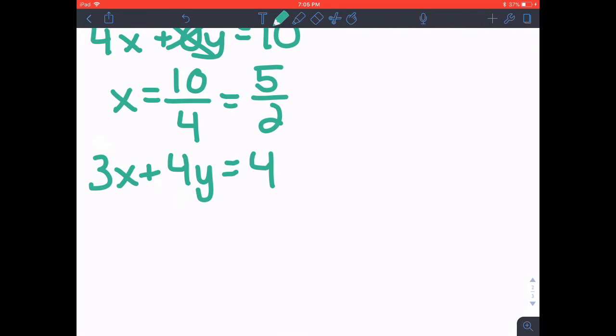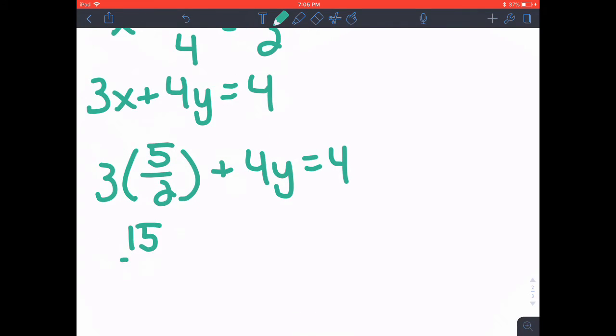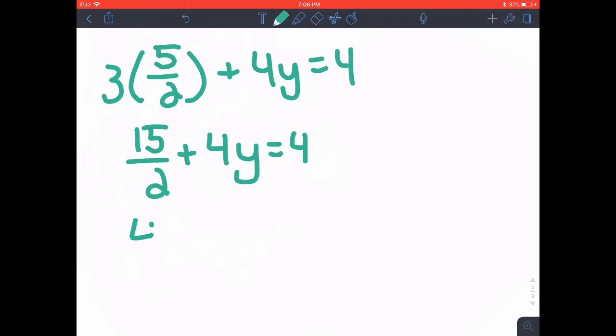So now we can plug in the 5/2 into one of the equations, and so we get 3 times 5/2 plus 4y equals 4, so we get 15/2 plus 4y equals 4, and so we can subtract 15/2 from both sides and get 4y equals 4 minus 15/2.